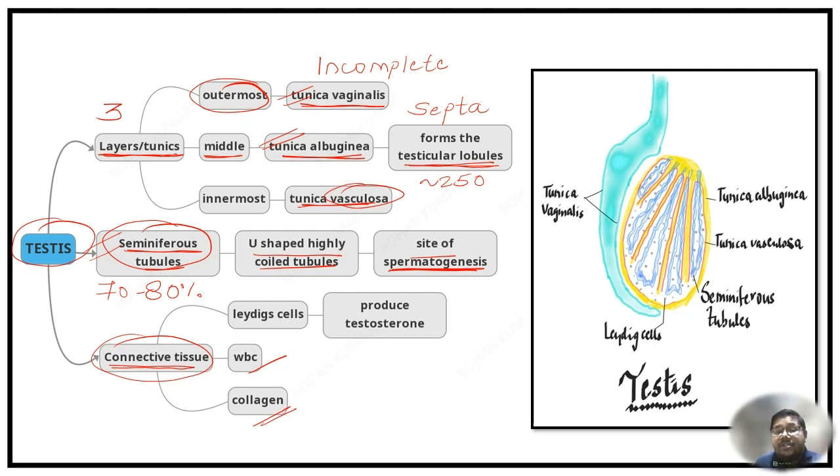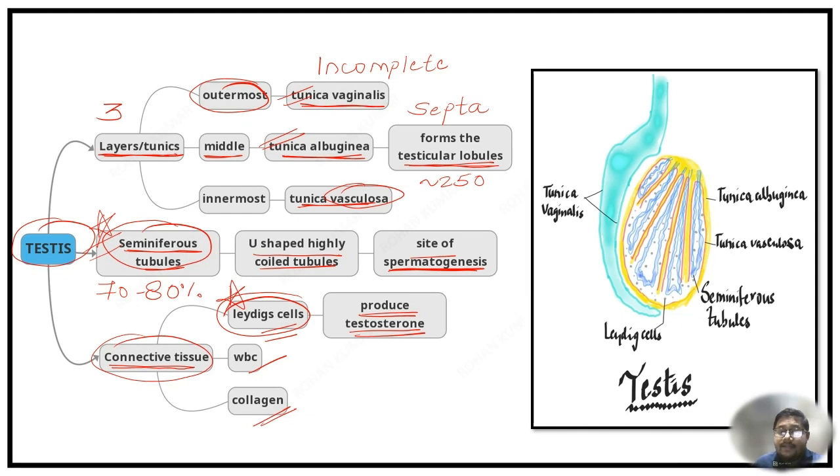But here the most important thing that you need to know is about Leydig cells. What are Leydig cells? Leydig cells are specialized cells that are located outside the seminiferous tubule, and they are important in the sense that they produce testosterone. So for the steroidogenic function of the testis, the Leydig cells are very important, and for the gametogenic function of the testis, the seminiferous tubules are important.